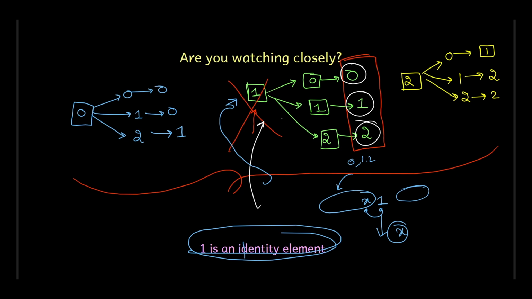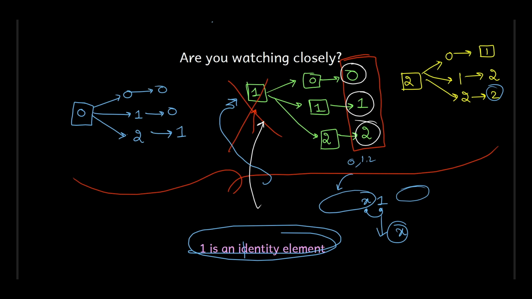So now let's look at what other observations we can make. Now that we know that the array contains only two elements, 0 and 2, let us see what the transitions look like. If you have a 0 and it combines with a 2, we know that it produces 1. This is what we have seen in the transition matrix. 0 and 2 combine to produce 1.